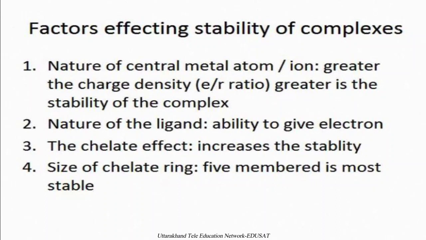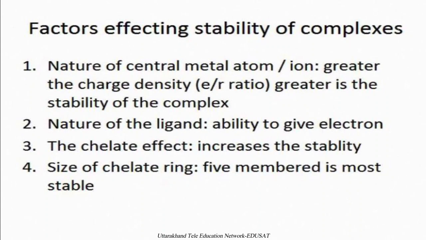For example, suppose we have a complex of Fe+3 or Fe+2. Fe+3 has more tendency to get attached to the ligand, whereas Fe+2 has less tendency. So the stability of the Fe+3 complex is greater than that of the Fe+2 complex.